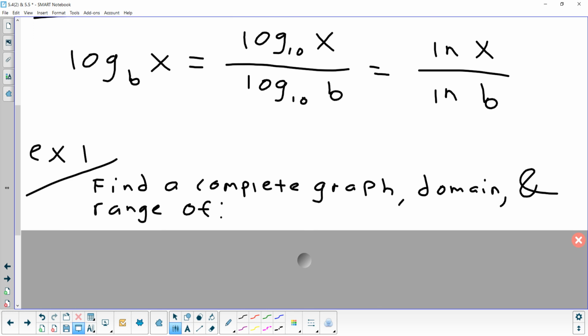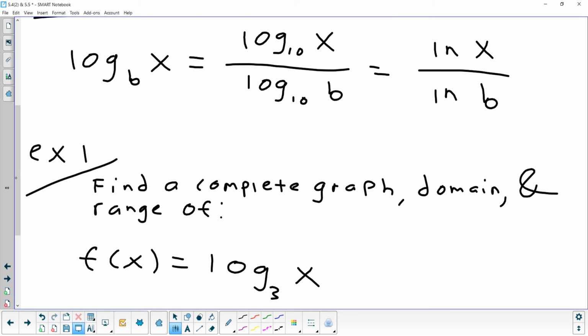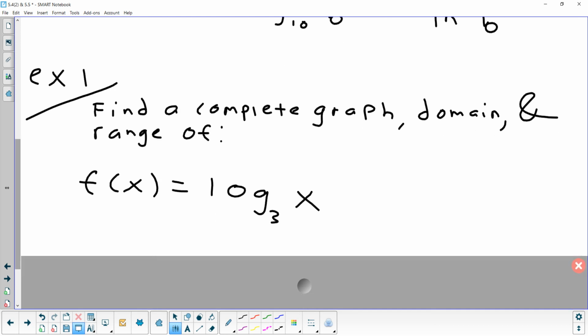Okay, so let's see if we can graph something. Now it doesn't necessarily have to be a base 10 or base e. We just type it in however we need to get it in y equals. And I want to graph log base 3 of x. So, can somebody give me a way that I can rewrite that so I can type it in on my calculator?